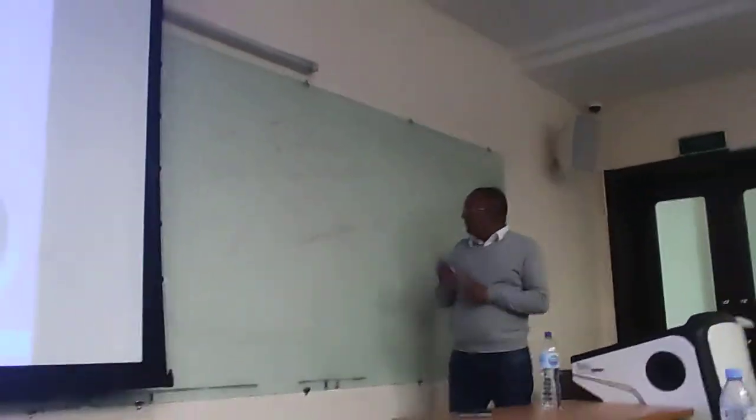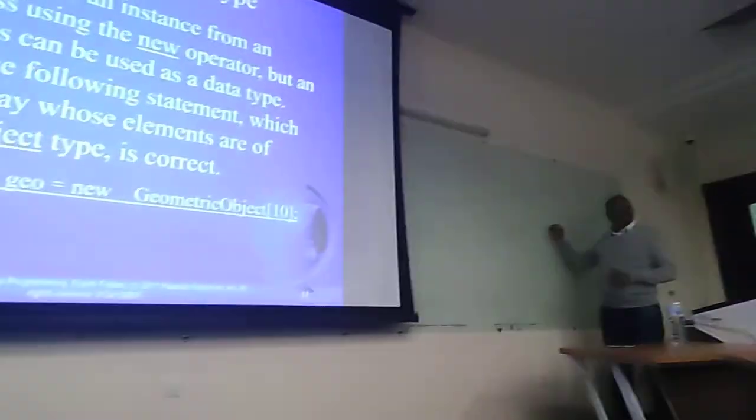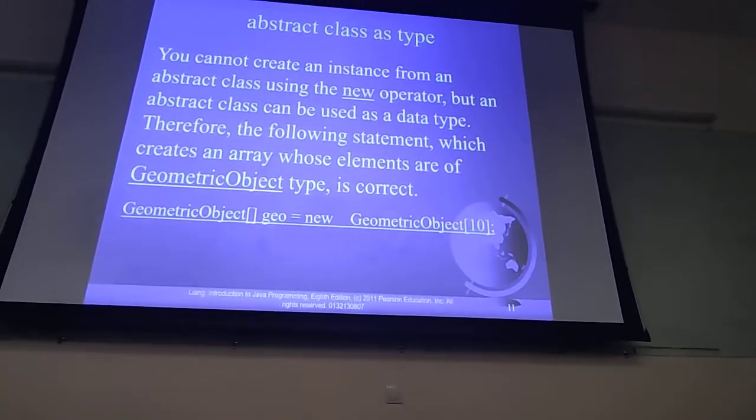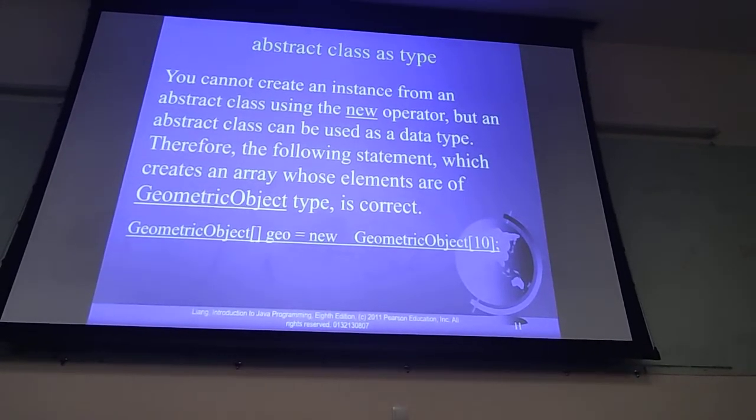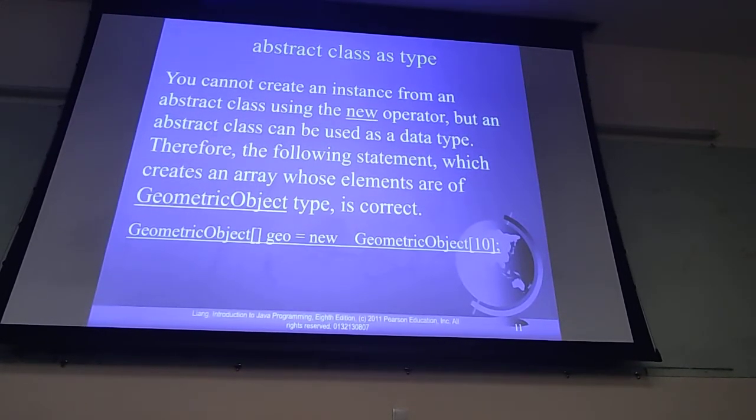It is a reference. Actually, it is always a reference. The object is here, and this object reference is referring to this memory. Are you clear? But this is an abstract class.